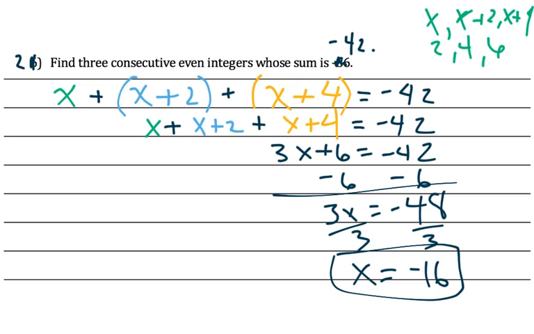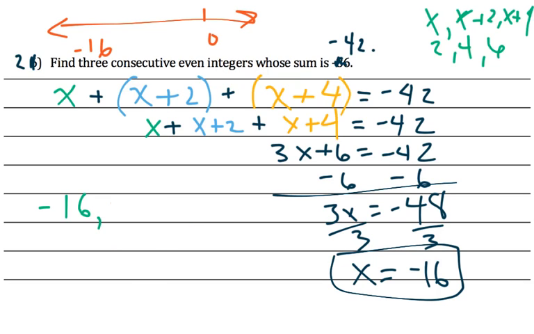On purpose, I'm going to do this the wrong way. So that means your first even integer is negative 16. And let's say you're like, well, okay, that means that the next one's got to be negative 18, negative 20. If I added all of these up, I think I would get negative 54, if I'm doing that correctly in my head, which is not correct.